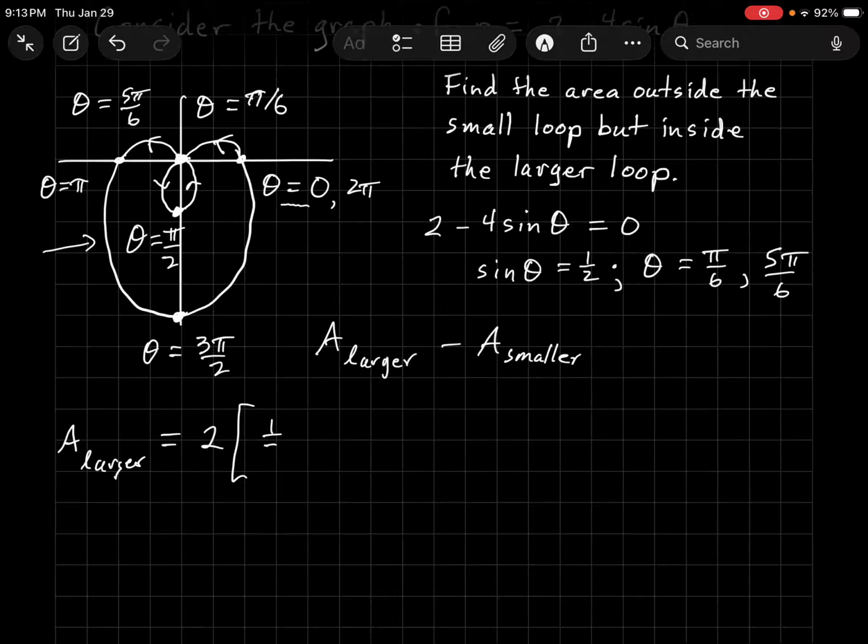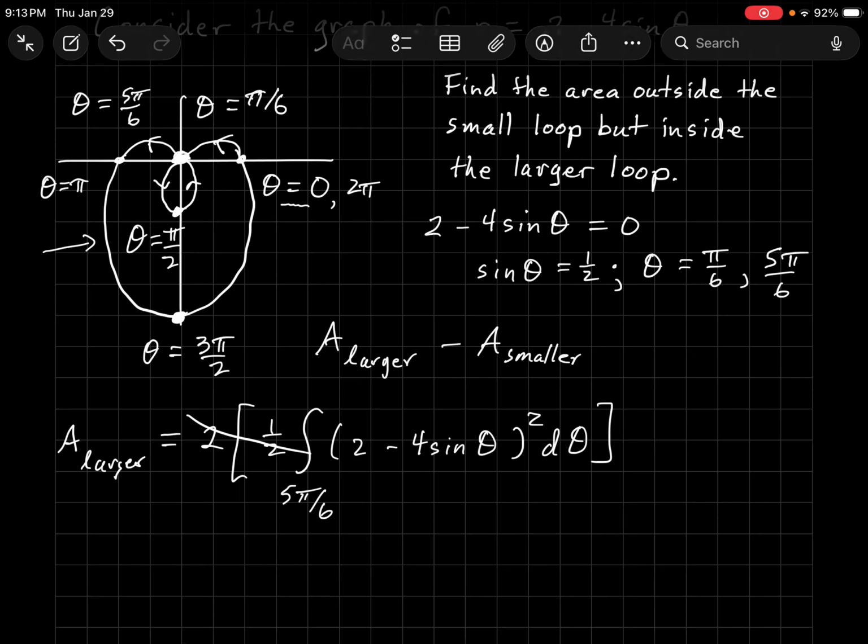So 1/2 integral of r squared d theta. The 2 and the 1/2 will cancel. So what are my limits? Well, I start here at 5 pi over 6, and then I go down here to 3 pi over 2, and those will be my limits for the larger loop.